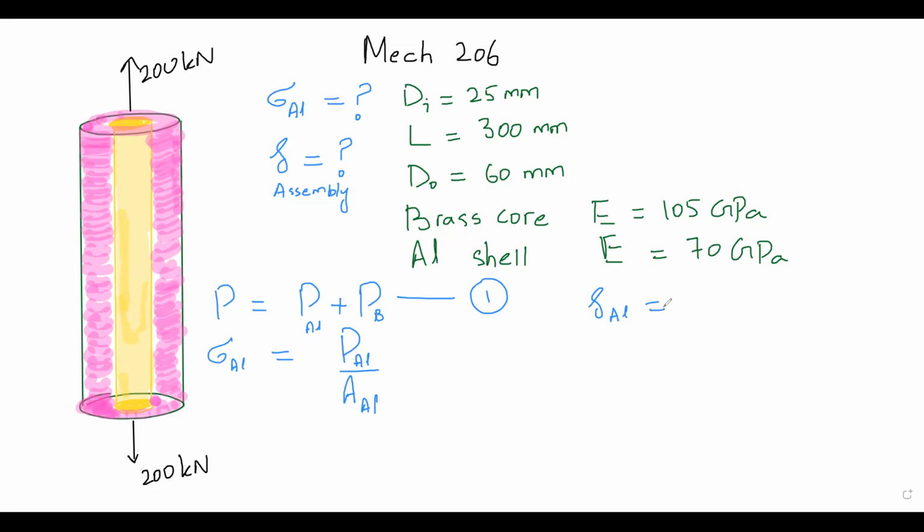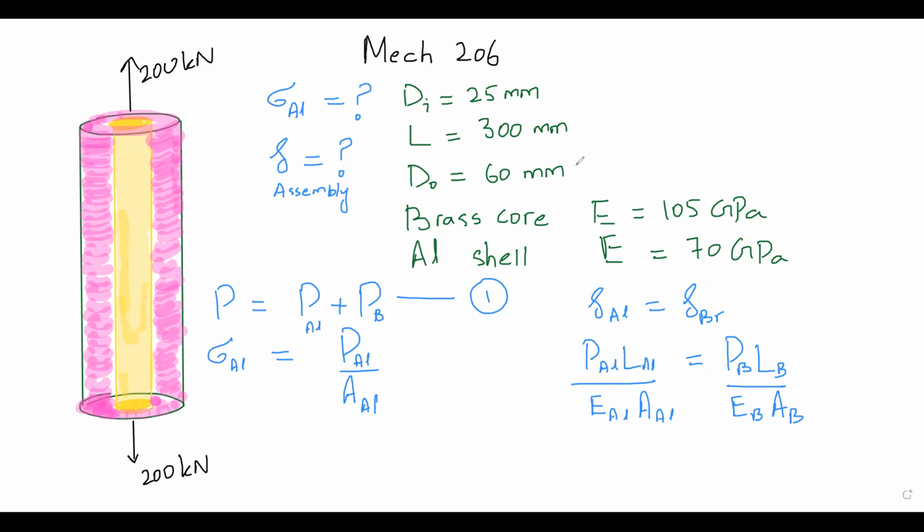So I will say that my second equation is delta of aluminium is equal to delta of brass, and P L over E A is equal to P brass, length of brass, over E of brass, A of brass.